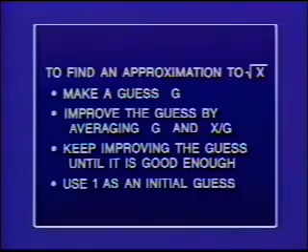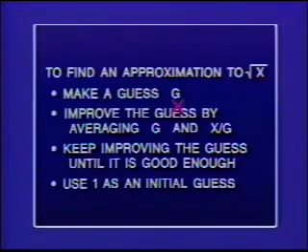You keep improving that until the guess is good enough. I already alluded to the idea. The idea is that if the initial guess that you took was actually equal to the square root of x, then g here would be equal to x over g. So if you hit the square root, averaging them wouldn't change it.